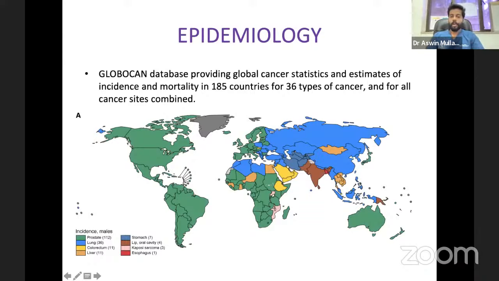And you can see the brown indicated lip and oral cavity. That means coming to the head and neck cancers, it accounts mostly for the South Asian countries, mostly India, Sri Lanka, and other South Asian countries. It carries the sixth position. So this is the site-wise distribution of different cancers all over the world.